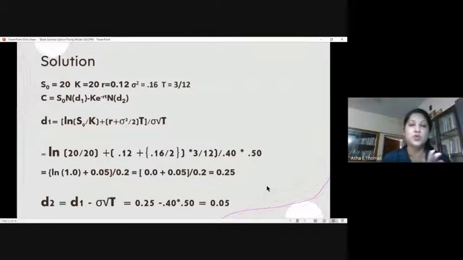Now we go with the computation, where we know that the spot price and strike price in this case is 20. So 20 by 20. In this case, computation of the logarithm value is simple, because 20 by 20 is 1. Anything raised to 0 gives us 1.